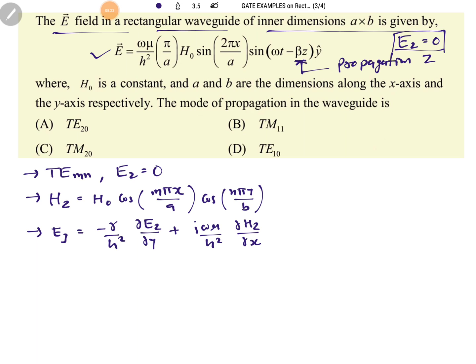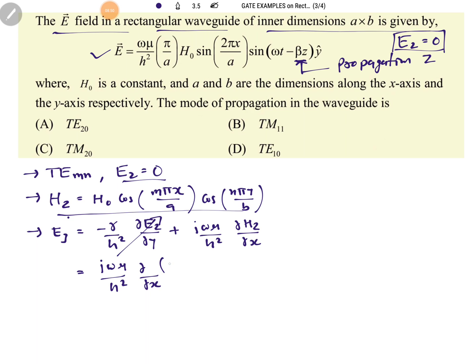Now see, the electric field along the z direction is 0. So if you place that into this, you will find this term is 0, so it is getting cancelled. So the electric field along the y direction is j omega mu by h square into del by del x of Hz, and Hz is what we have written here.